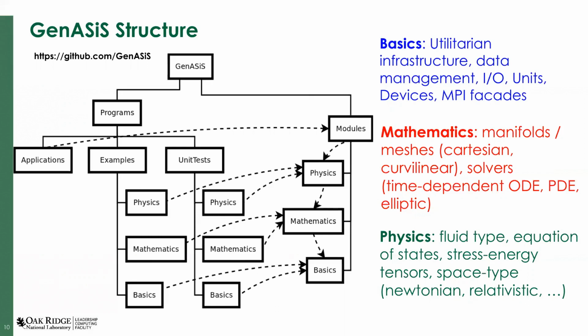So this layering or abstraction basically enables us to implement code in an extensible manner, where a solver in mathematics does not necessarily need to know all the physical details of the fluid type and equation of state and that sort of thing.